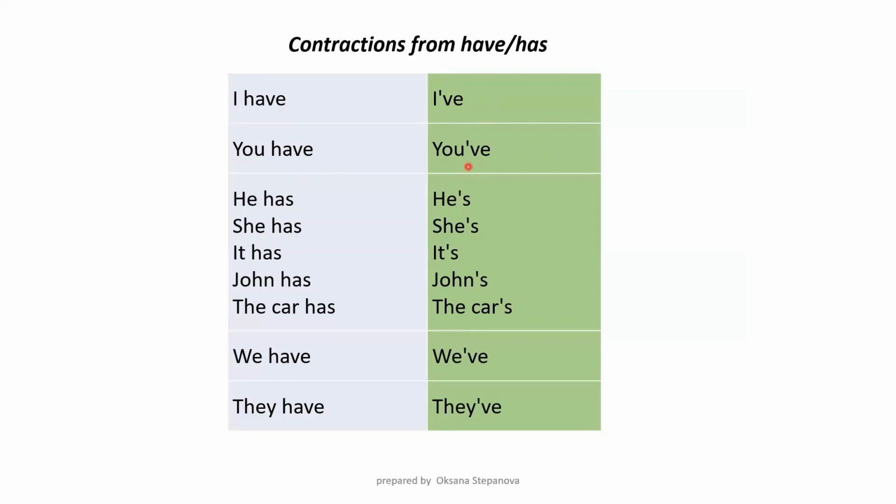You have becomes you've. He has, she has, it has, John has, the car has will just stay as apostrophe s, but we have to pronounce it as well: he's, she's, it's, John's, the car's.